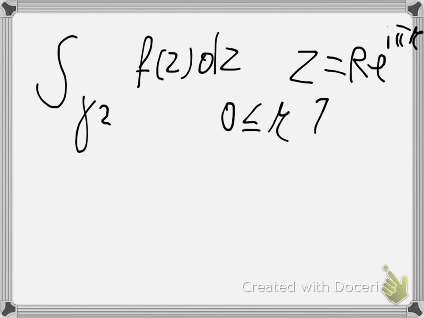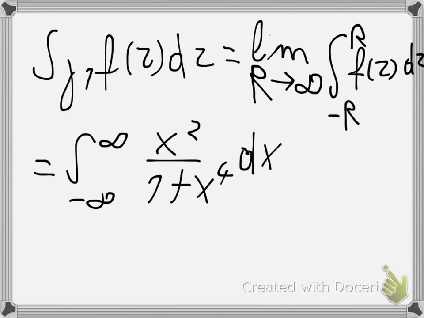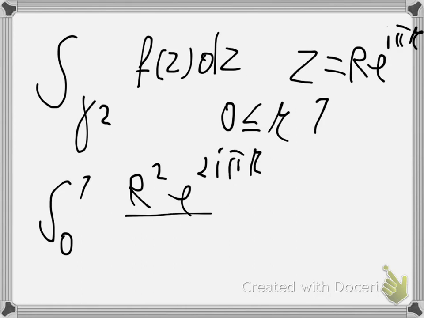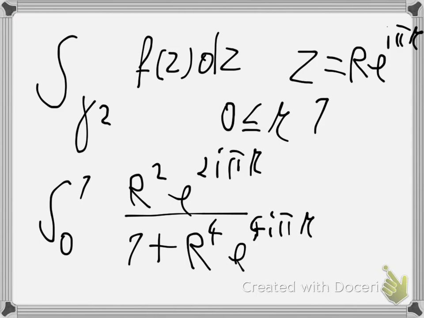And so we can plug it into our integral. We'll get r squared e to the 2 i pi t over r to the 4th e to the 4 i pi t dt.